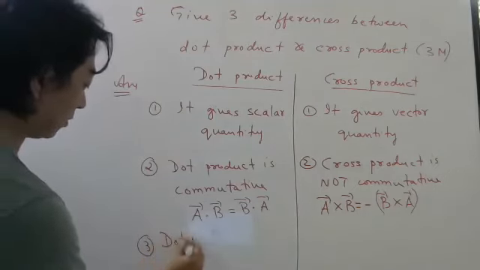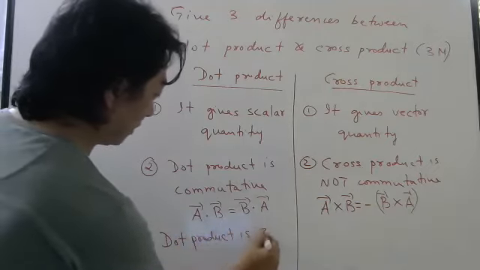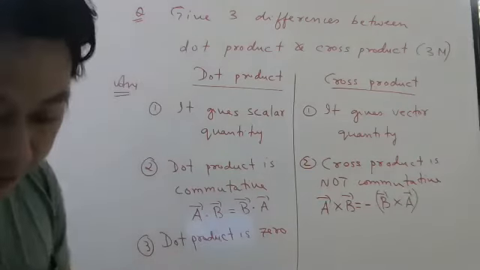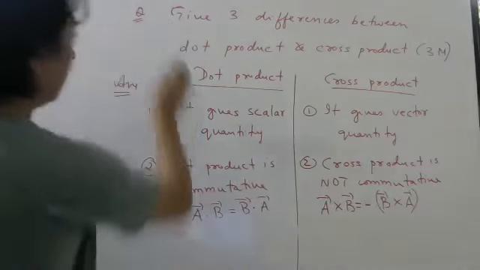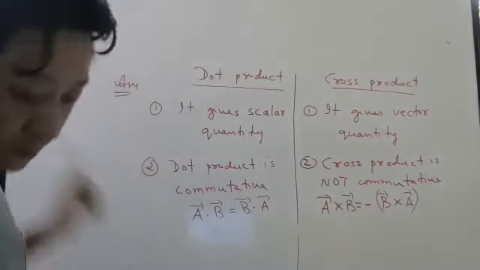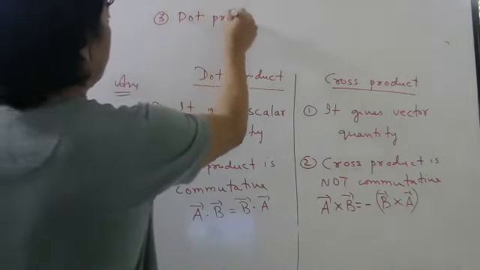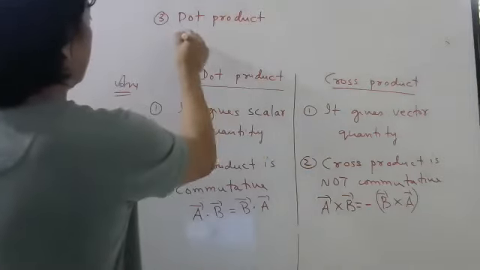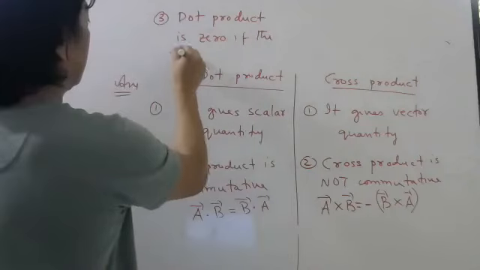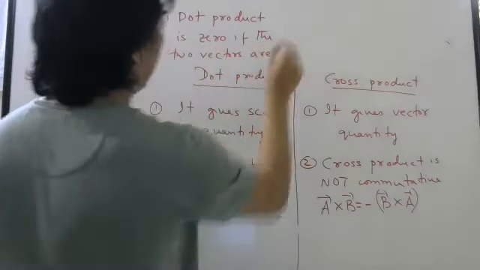Third one, dot product is 0 if the two vectors are perpendicular.